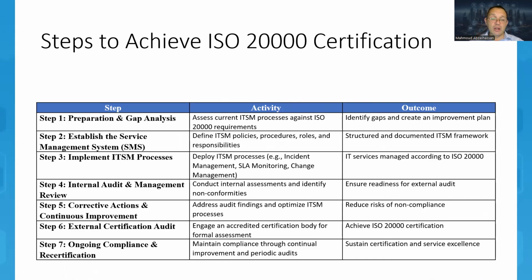We just started our journey, but the journey has no end. So we have ongoing compliance and recertification. In this step, we will maintain our compliance against ISO 20000 standards through continual improvement and periodic audits, and this will allow us to have a sustainable certification and service excellence.